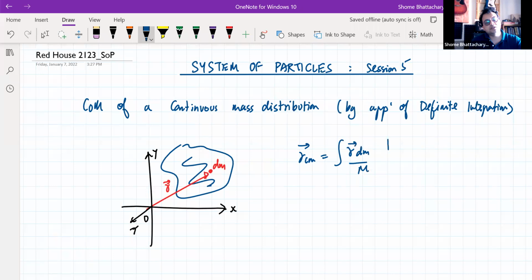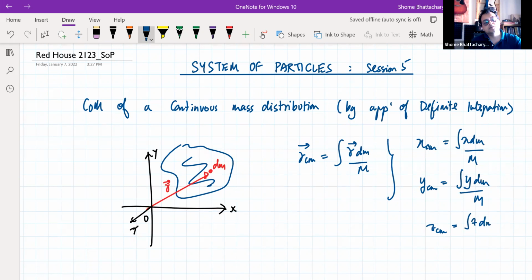So we can convert this to the coordinate scalar equations, that x coordinate of the center of mass is integration x dm divided by total mass, y coordinate is similarly integration y dm divided by total mass, and similar formula for z. Okay, so this is the general concept.